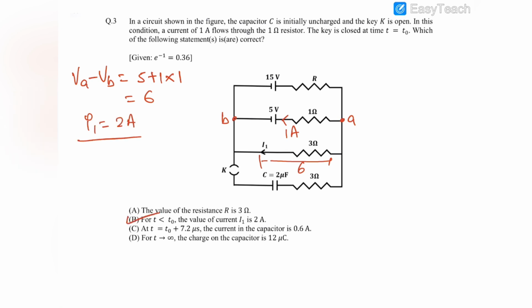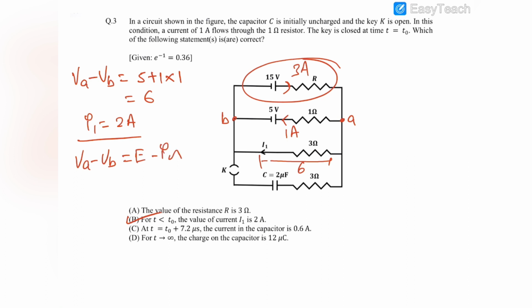So option B is correct, that before closing the key this current was 2 ampere. Now this is 1 ampere and this is 2 ampere, so the current flowing through this cell would be 3 ampere, and obviously this is in a discharging mode, so we can say that VA minus VB for this cell will be E minus IR.